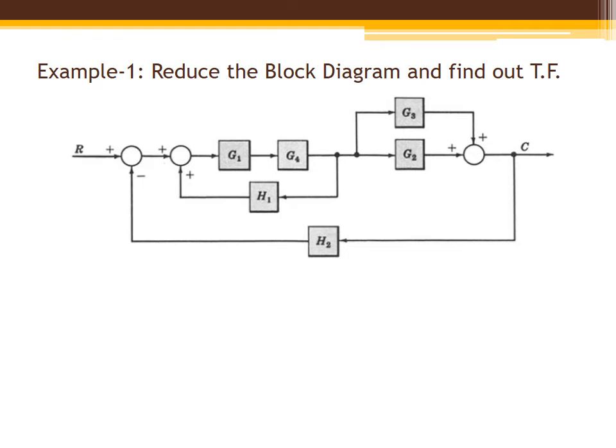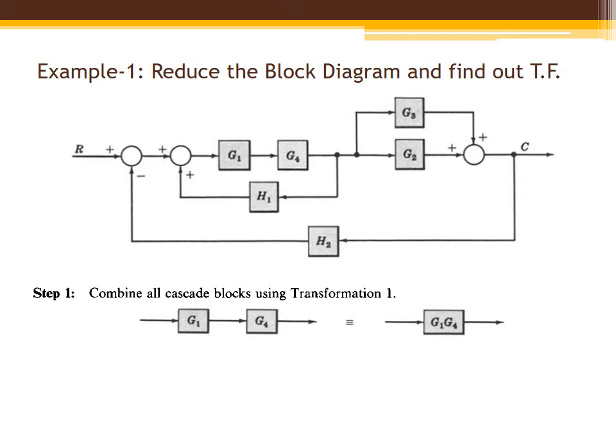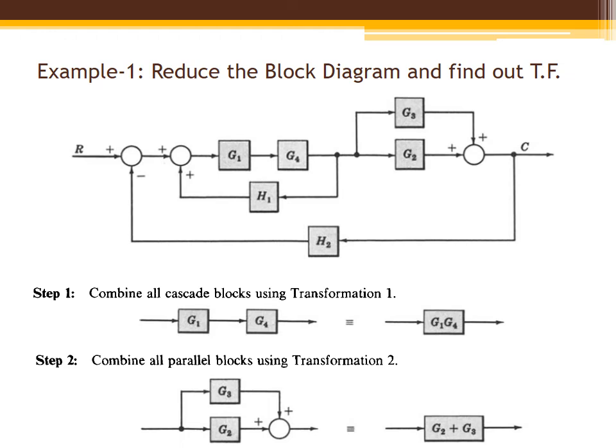Here, we can apply rule number 1, that is block in series, for G1 and G4. So G1 and G4 can be transformed into one block, that is G1 into G4. Again, G2 and G3 are considered under rule number 2, that is rule of parallel.